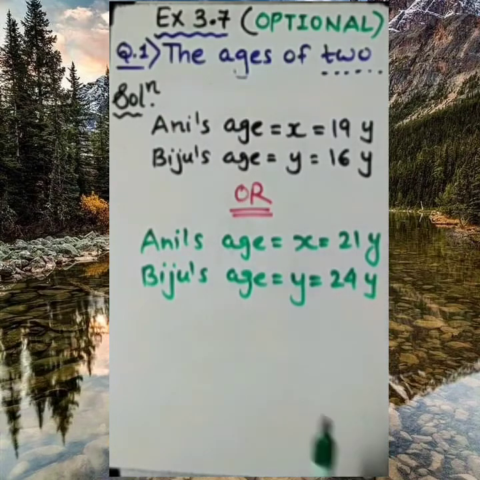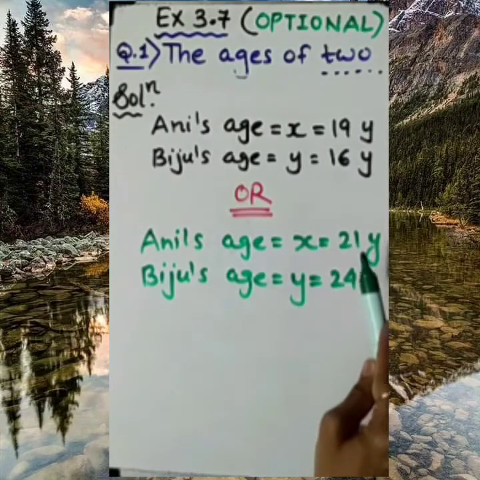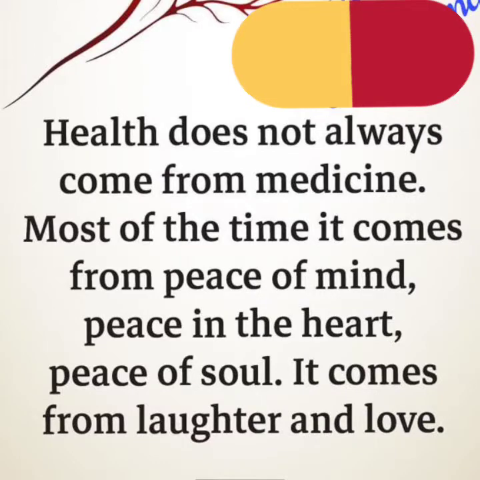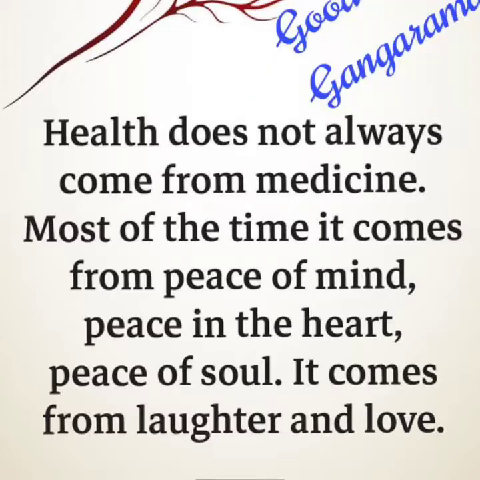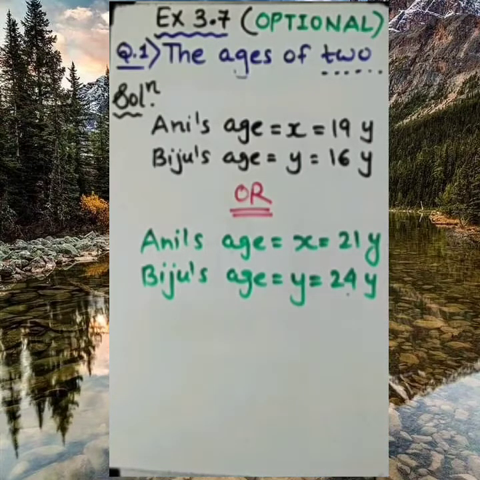Now this time you can see Biju is elder than Ani, because 24 minus 21 is 3. And as our third equation was, 21 minus 24 is minus 3. So this is the complete solution of the question.